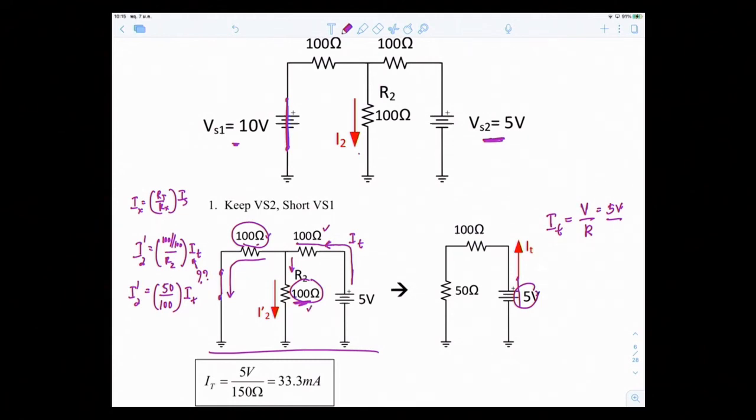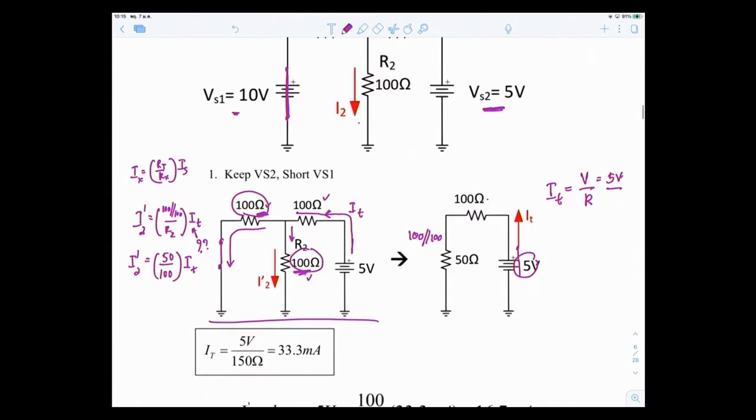But this 100 here and R2 are in parallel, so it becomes 50, and it's in series with this 100 ohm. So my I total is 5 volt divided by 100 plus 50, which is 150. So it's 33.3 milliamps.